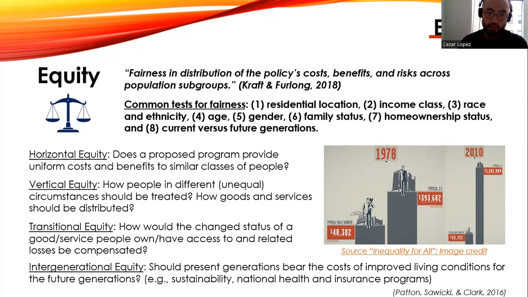Transitional equity is concerned with how would the changed status of a good or service people own or have access to related losses be compensated. Intergenerational equity presents the question of should present generations bear the cost of improved living conditions for the future generations? Consider sustainability, national health, and insurance programs.